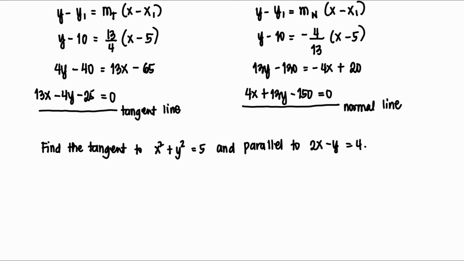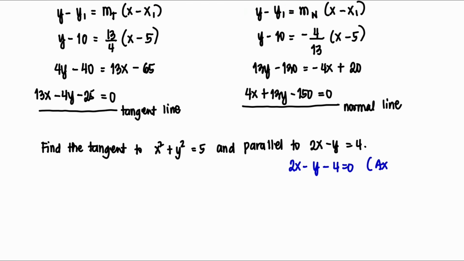So in this problem, we are given an implicit function, and it's saying that the tangent line is parallel to the line 2x minus y equals 4. For this line right here, 2x minus y minus 4, okay, that is 2x minus y minus 4 equals 0.